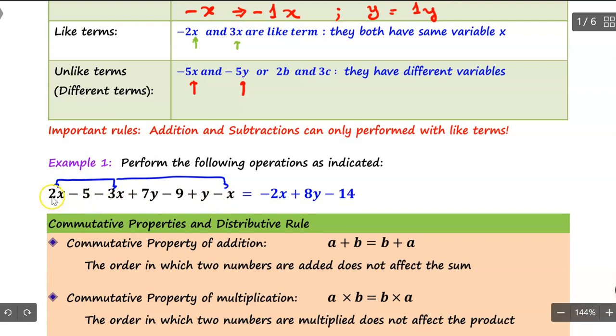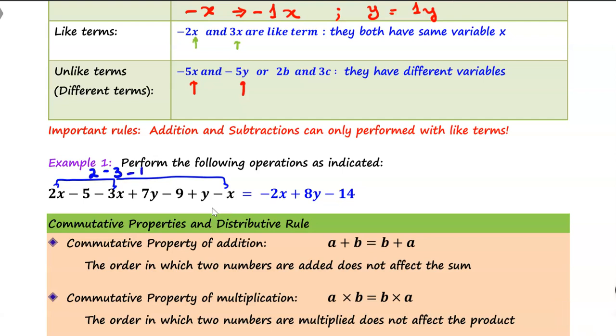So here I will take 2 subtract 3 subtract 1. This is the invisible one right here. I'm going to write it up here for everyone to see. So I will have 2 subtract 3 subtract 1.